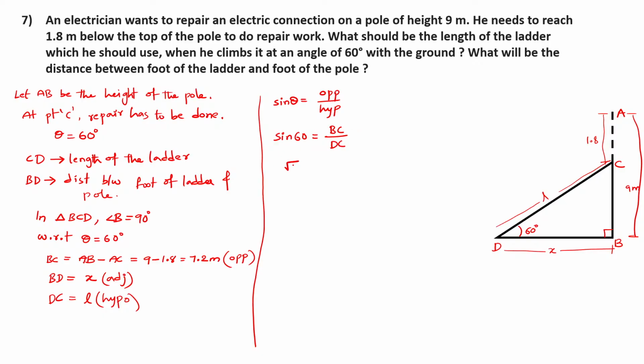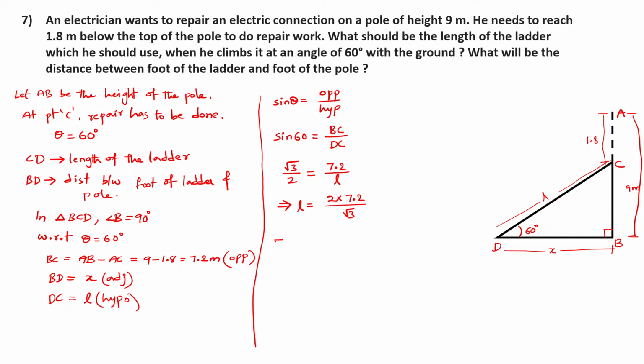Sine 60 value is root 3 by 2. BC is given as 7.2 from the calculation. DC we don't know and we assumed it as L. Now transposing, L is equal to 2 into 7.2 by root 3.